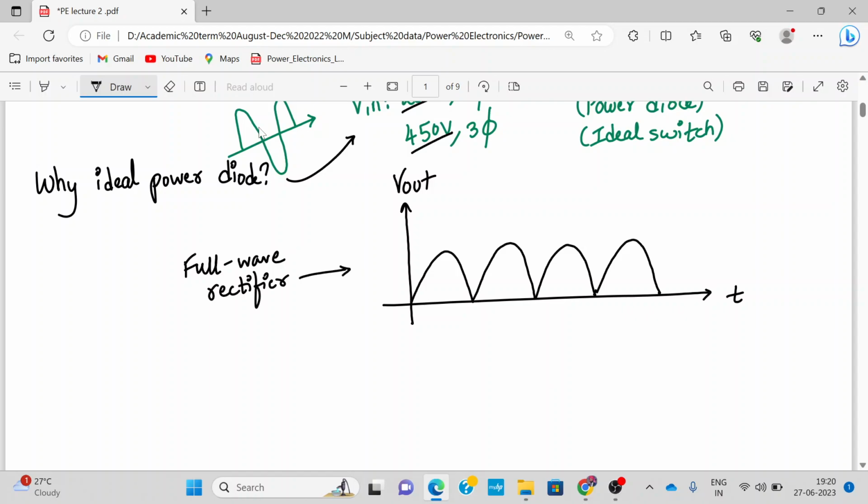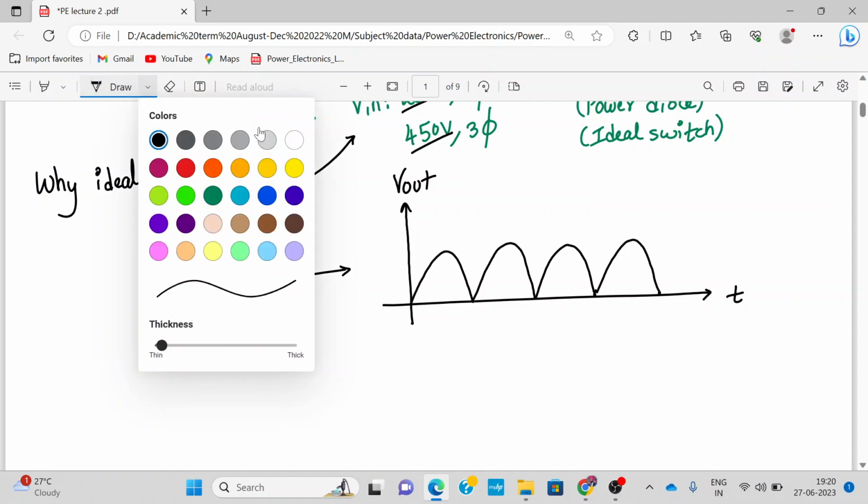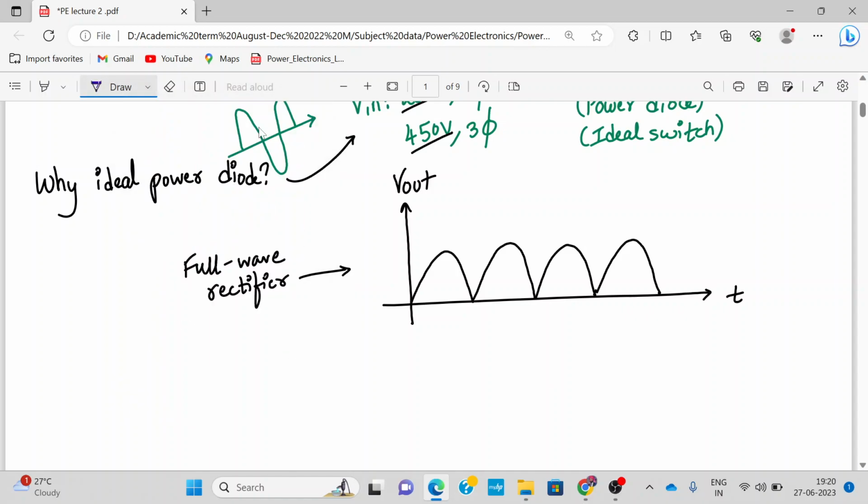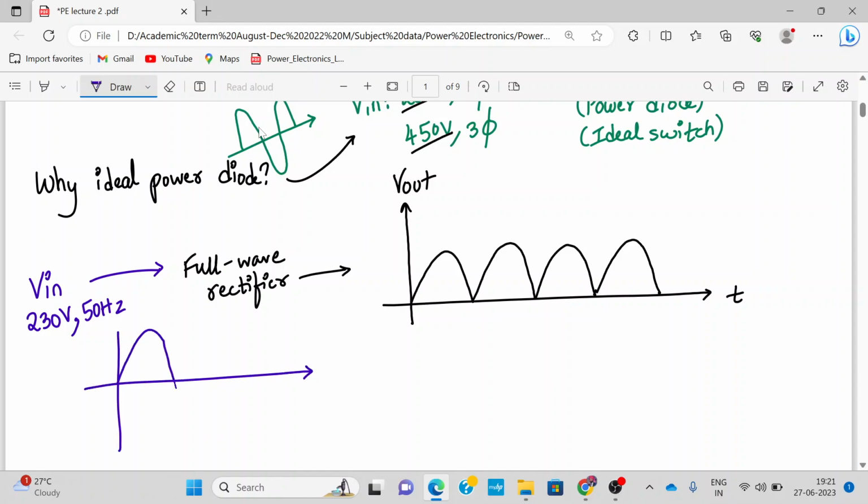Alright. Now about this output waveform, let's say the input voltage applied to the rectifier is around 230 volts and 50 hertz. I'll draw the input waveform. 230 volts is quite large, but I am drawing it so that it fits the scale over here.